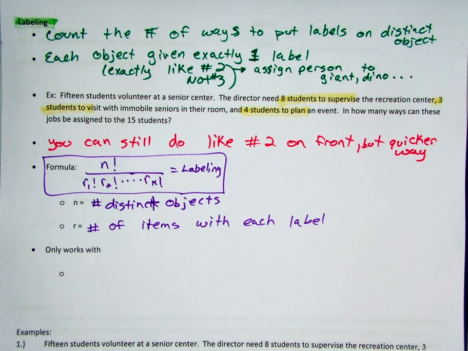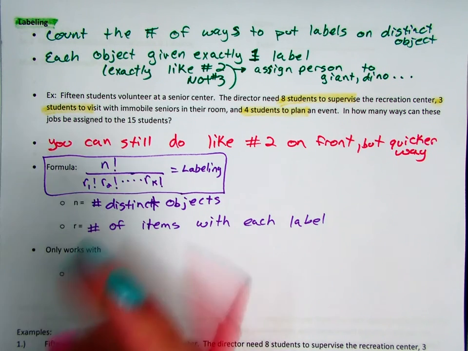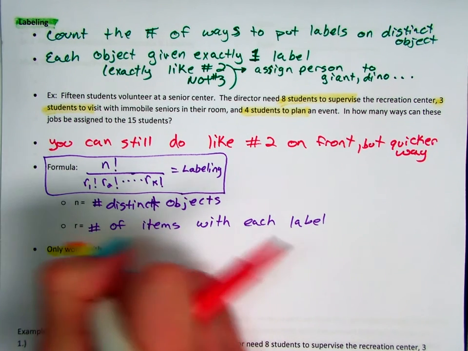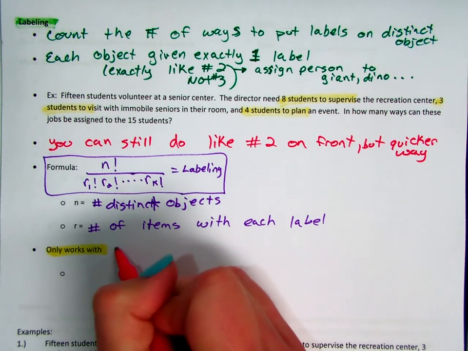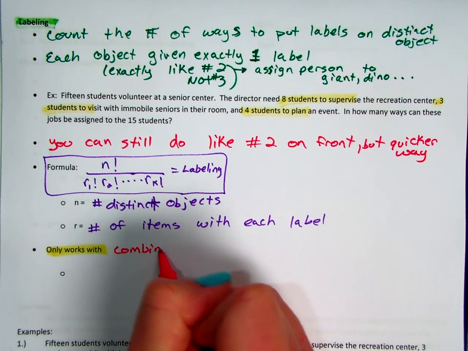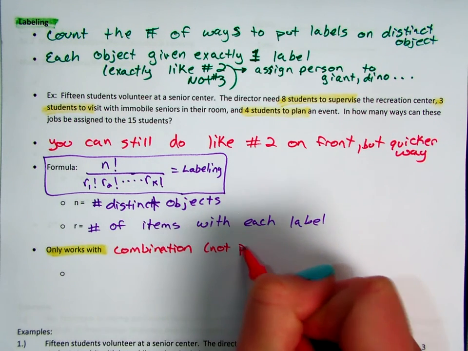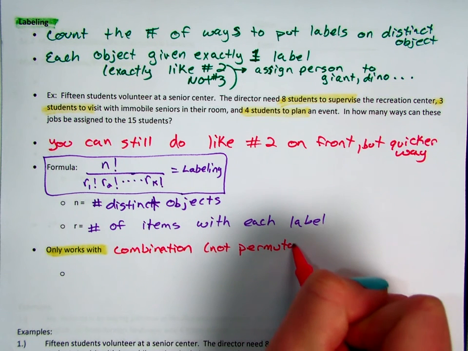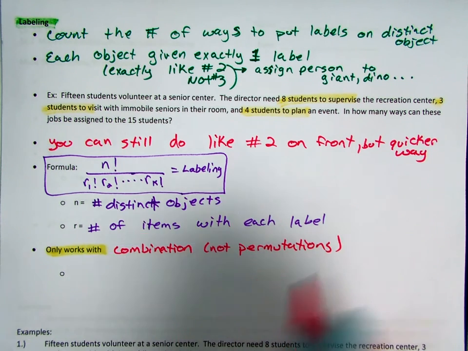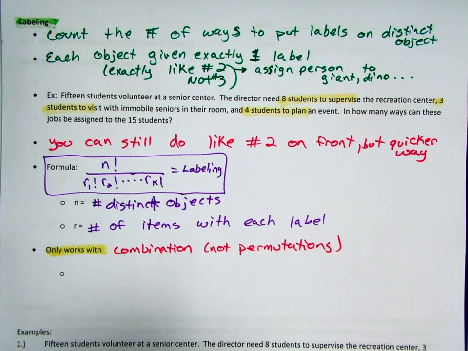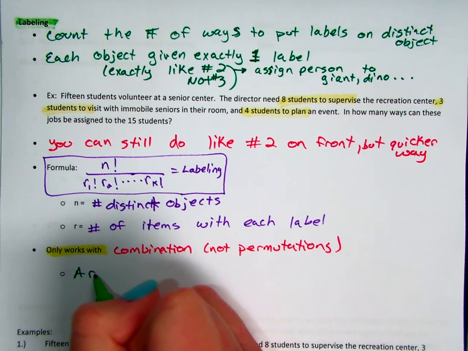But you have to be careful because this only works, and this is important, it only works with combinations, not permutations. And you should also realize that this will work for arranging letters from a word.